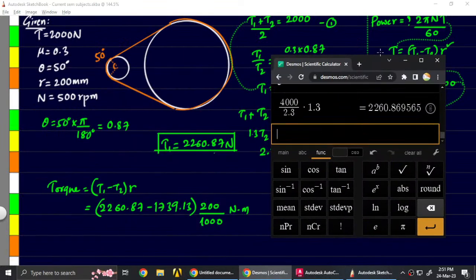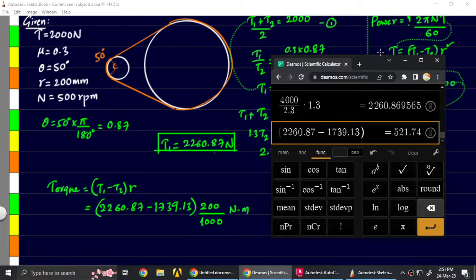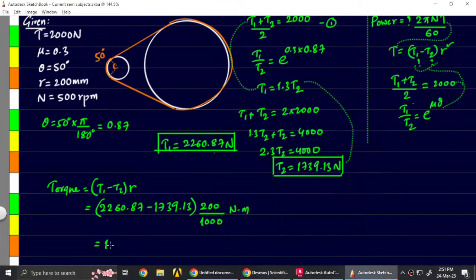Let's find this out. 2260.87 minus 1739.13, this has to be multiplied with 0.2. So 104.35. This is the value of torque in Newton meters.